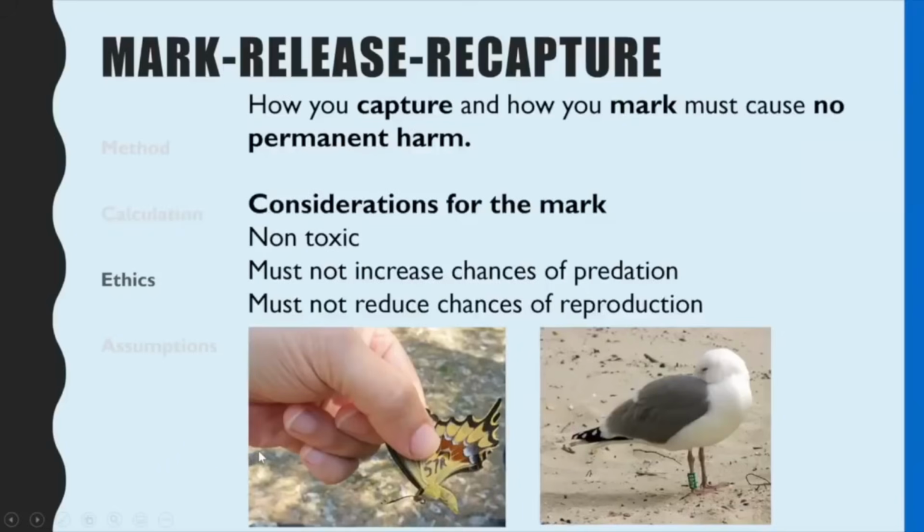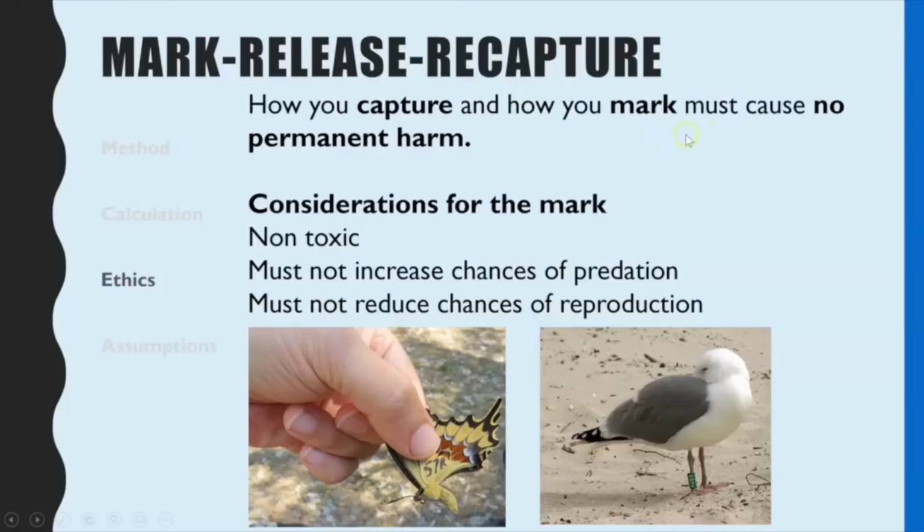So thinking about the ethics, this is a key thing with sampling animals. The main thing you need to be aware of is not exact techniques of how to be ethical, because you would have to know so many different methods, it'd be too extensive. What you have to know though is that whichever method is chosen to capture and to mark the animal has to be ethical.